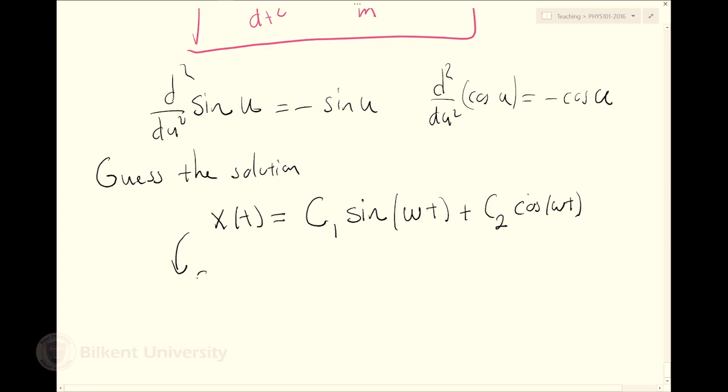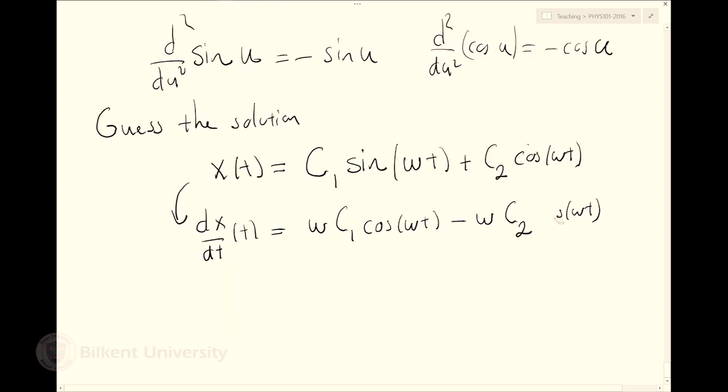All right, let's take a derivative, dx dt. When I take the derivative of sine omega t, I get an omega outside. It turns into cosine. When I take the derivative of cosine omega t, I get minus omega c2 sine omega t.